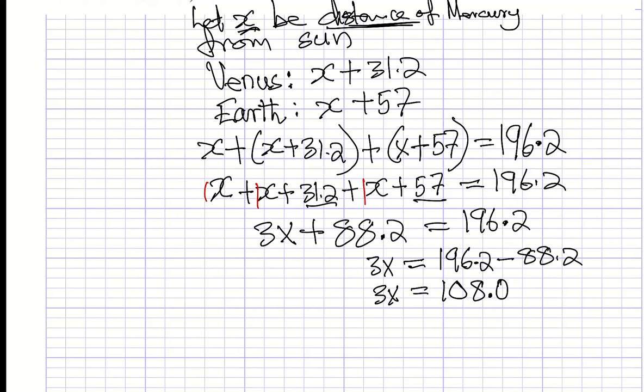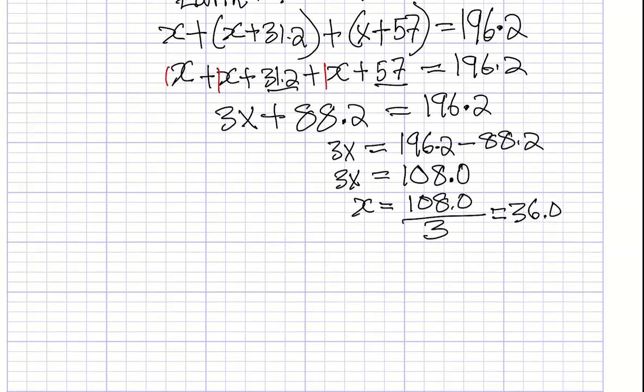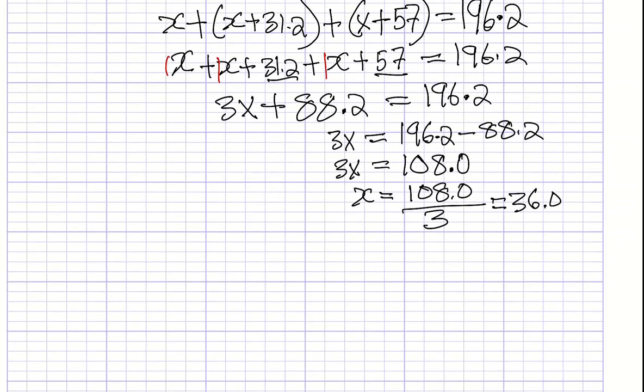So now you divide, get rid of 3. x equals 108.0 divided by 3. 3 going into 108, you get 36, basically 36.0. Like I said, I like to put that 0 there.